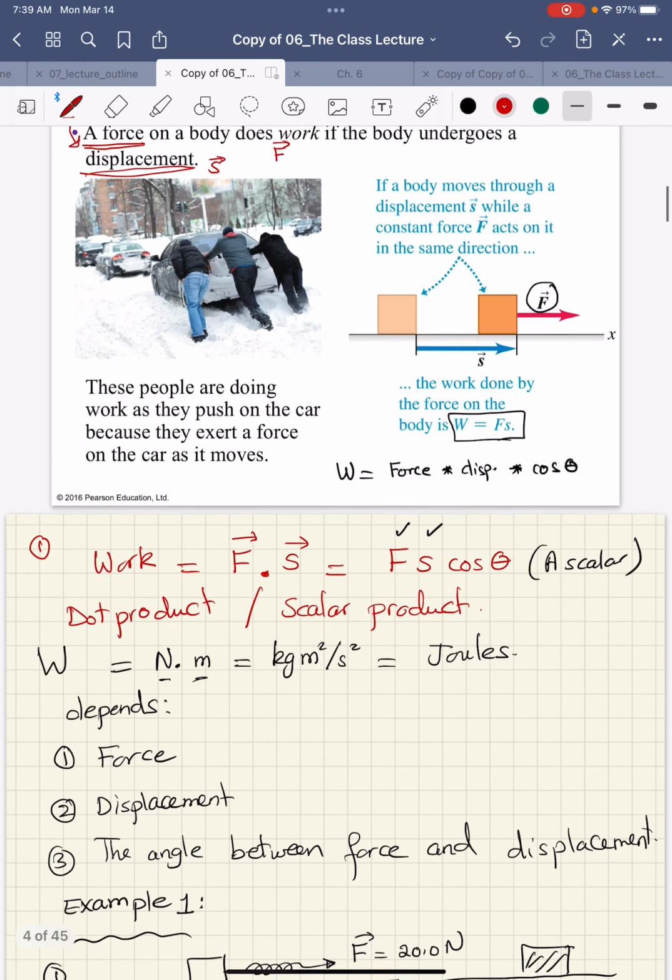That work depends on the force F, the displacement S, and of course cosine of the angle between them.